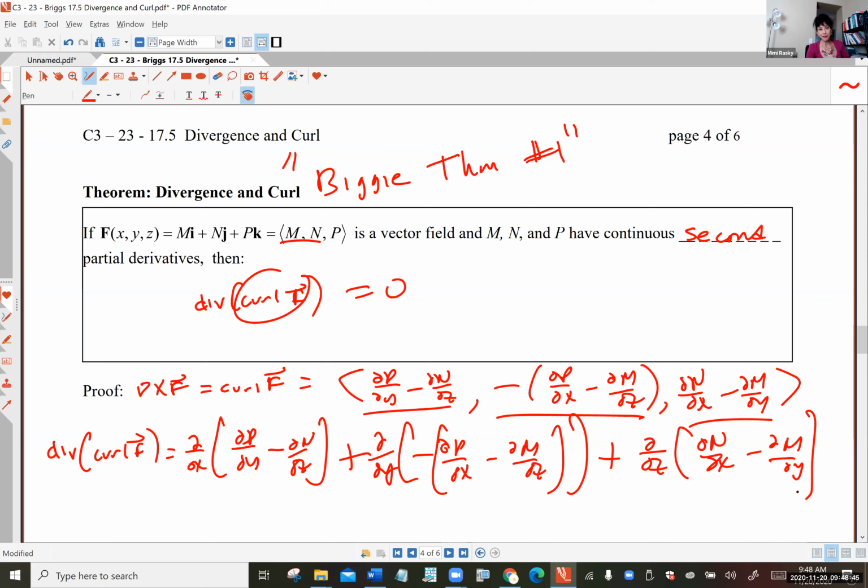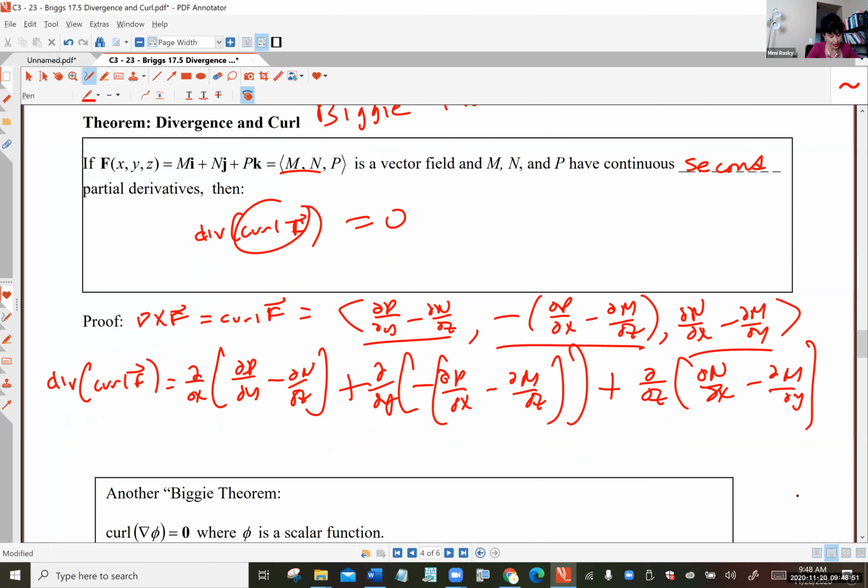Now what you're going to get is a lot of second partials, because when you take a partial of a partial, you get a second partial. Using the notation of second partials, if you distribute this partial with respect to x, the first thing you'll get is d squared P over dx dy, and then d squared N over dx dz.